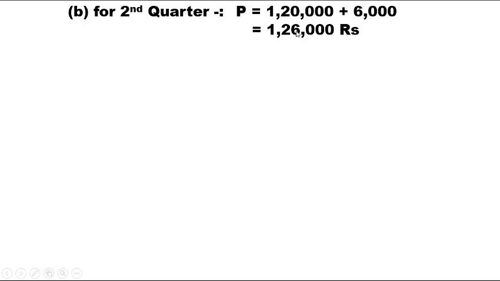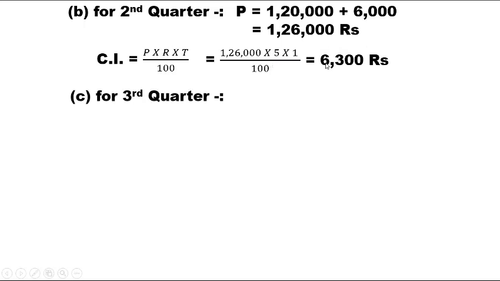For the second quarter, P is equal to 1,20,000 plus 6,000 is equal to 1,26,000. CI is equal to 1,26,000 into 5 into 1 divided by 100 is equal to 6,300 rupees.